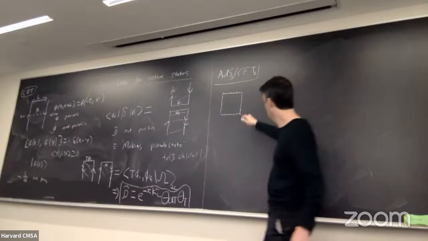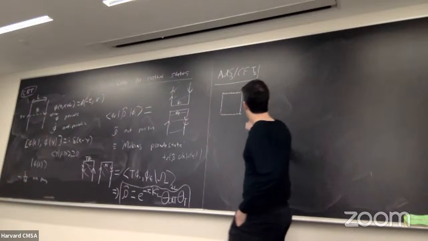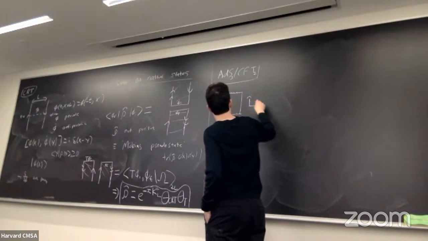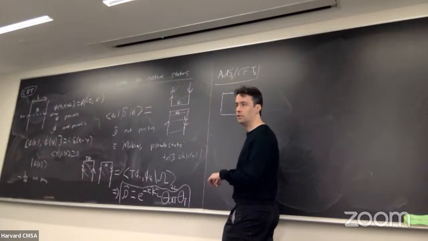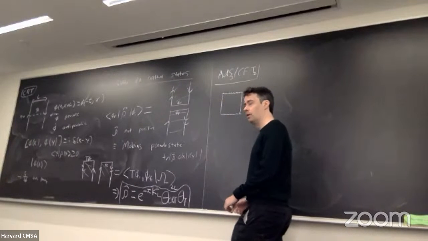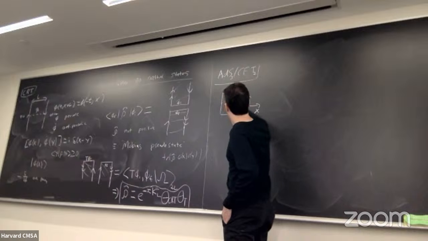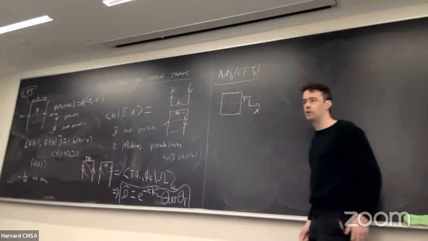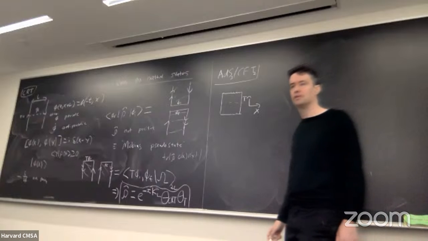And then there are two asymptotic AdS boundaries. I will think about this in Kruskal coordinates, capital T and capital X, which cover the whole geometry, where T goes up. And usually what we do is we cut this at capital T equals 0, and we study it in the Hartle-Hawking state. That's the thing we like to do with this geometry.